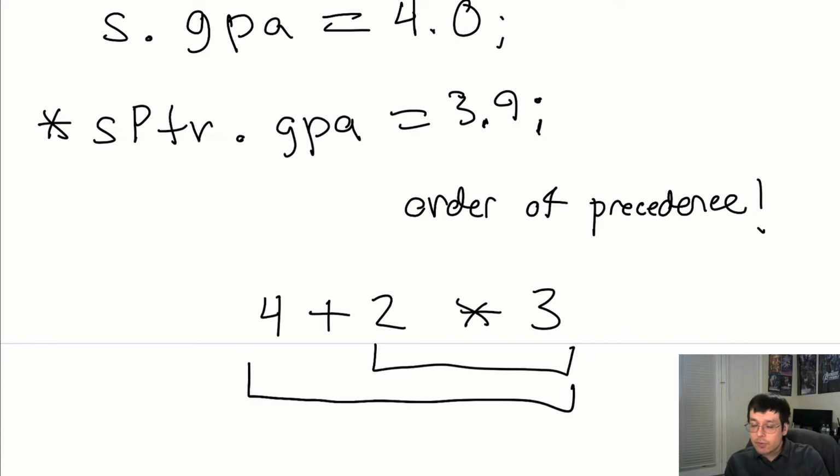If you do the addition first, well then, geez, you've got to go back to school. But you shouldn't, because order of precedence says the multiplication operator has higher precedence than the addition operator.